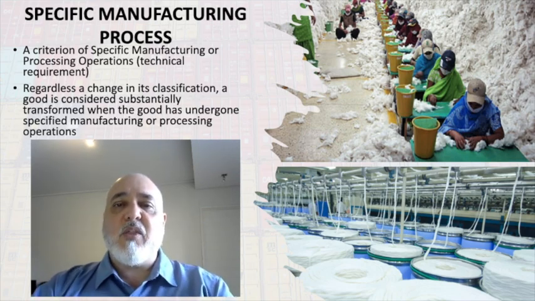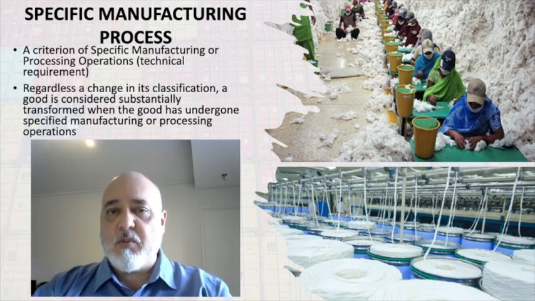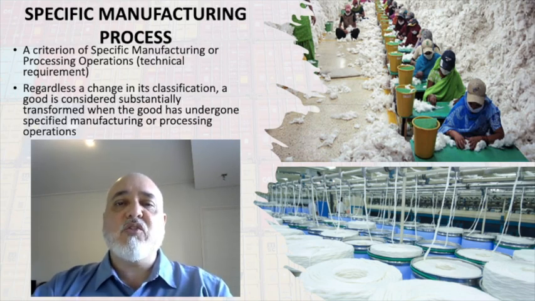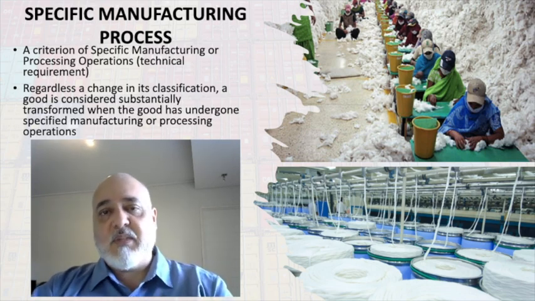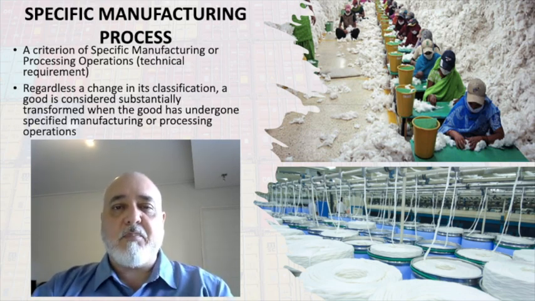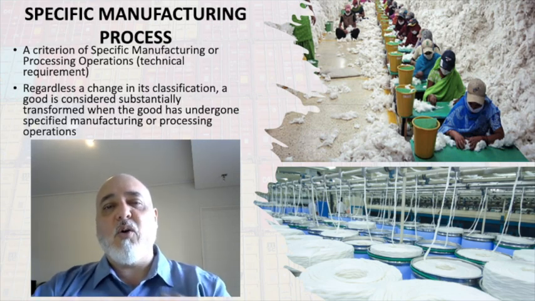It is important to know that the specific manufacturing or processing operation criterion can be used on its own or in combination with the other criteria. In some cases, a product may need to meet all three criteria to be considered originating.